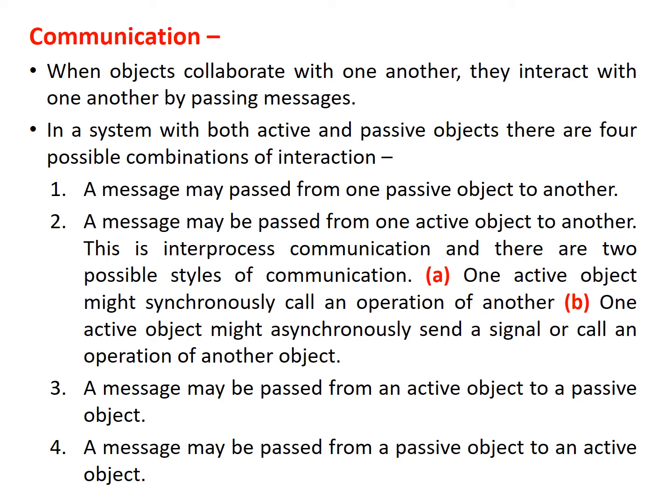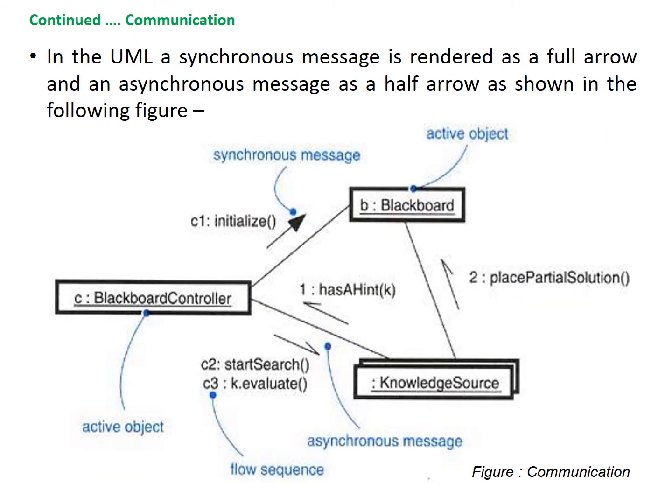Number three, a message may be passed from an active object to a passive object. And number four, a message may be passed from a passive object to an active object. In UML, a synchronous message is rendered as a full arrow and an asynchronous message as a half arrow, as shown in this figure.